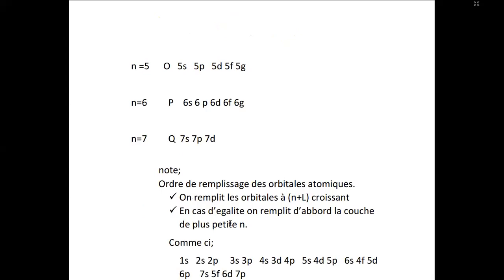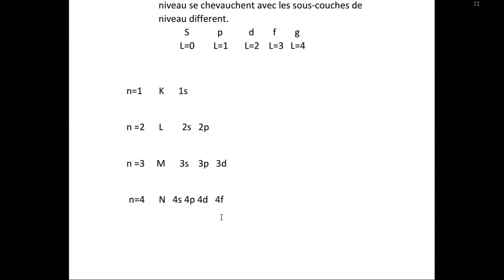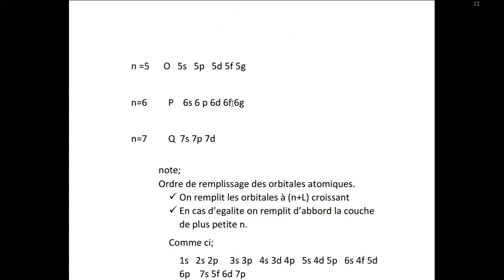You have seen it goes from s to p, from p to d, from d to f, and there's overlapping. From f it goes to g, and then h, but in our case we're only limited to g. Most of the time we only reach f. So how do you calculate its electron configuration?